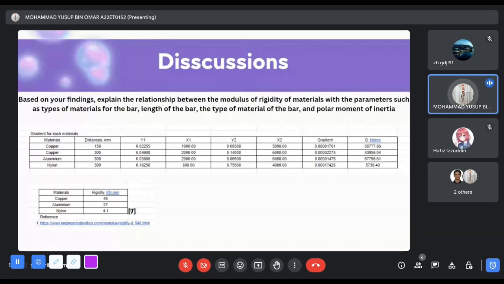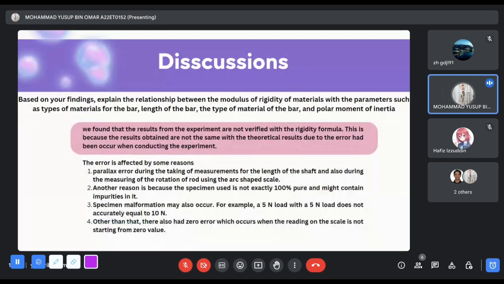For copper at 300 millimeter, we get the value of rigidity is 43,956.04. Aluminium for 300 millimeter is 67,796.61. Nylon is 5,738.4.